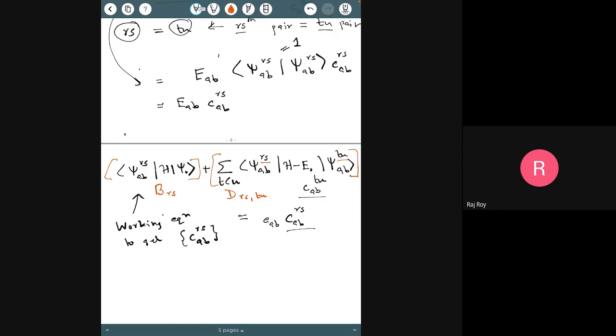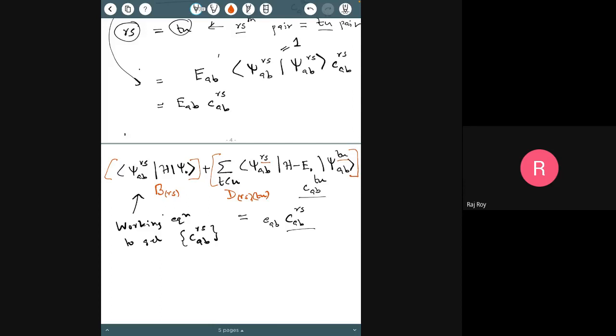Okay. So this is actually a single index. I'll put some brackets here so that you don't get confused. So this is one number. RS is one number, and that is the RS element of matrix B.